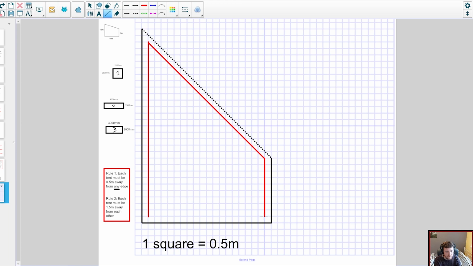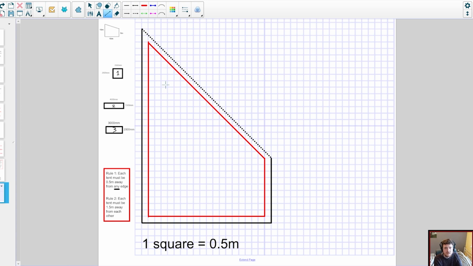And so we're going to end up with something that looks a little bit like this. The diagonal line might not be exactly perfect, but we've got about a square's width all the way along. That's only half a square, but for the purposes of this exercise, it's not going to make any difference. So that bit in the red, we can't draw anything in, okay?